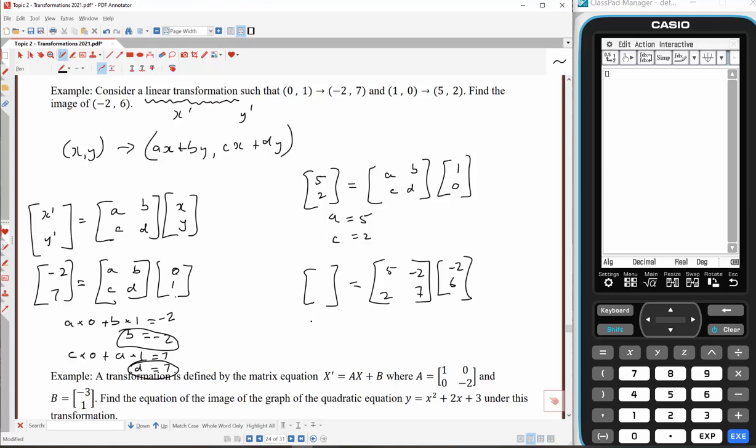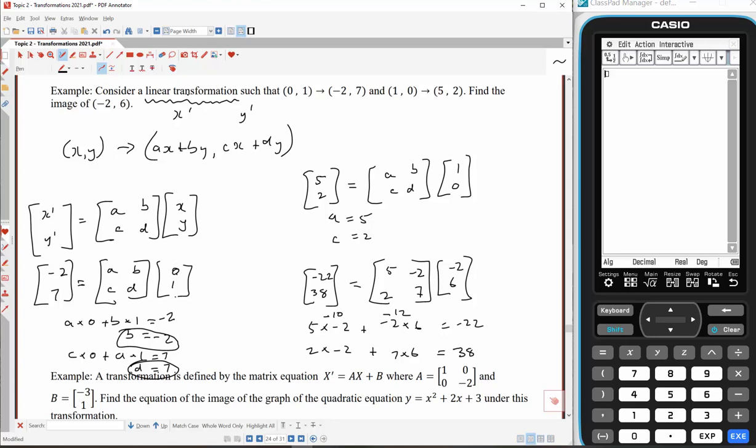It's going to be 5 times -2 plus -2 times 6, so that's -10 take 12, which equals -22. Then we've got 2 times -2 plus 7 times 6, so that is 42 take 4, which is 38. And there's our solution: -22 and 38.